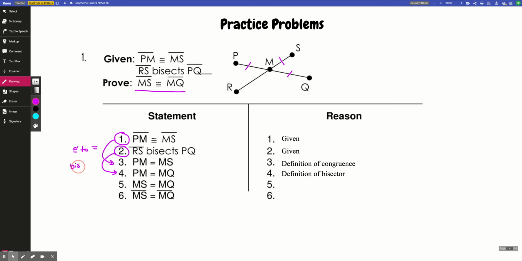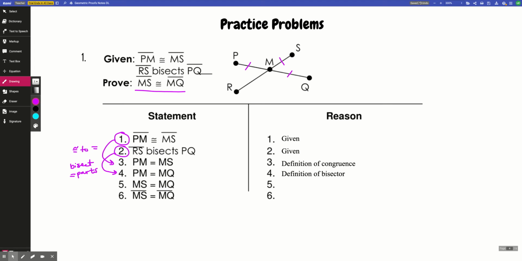Bisect means equal parts. I'm mostly writing this stuff out on the left side for you all so that you can see the thought process and how the steps above connect to the steps below. You do not have to write this out when you're doing a full proof on your own.